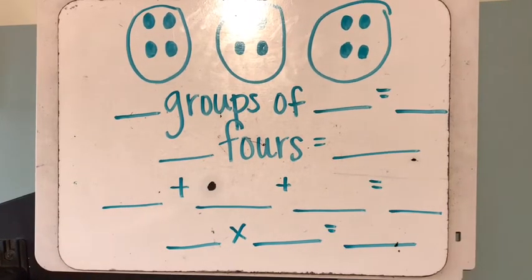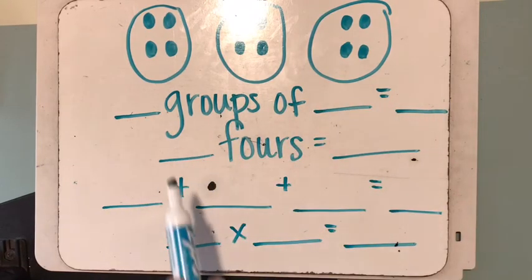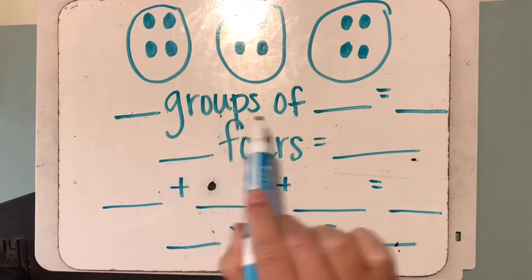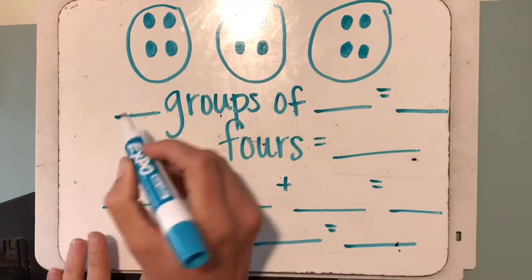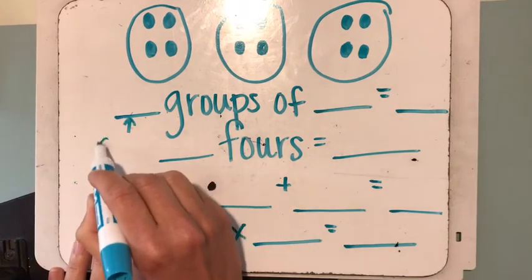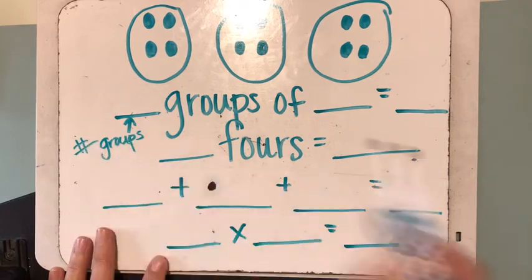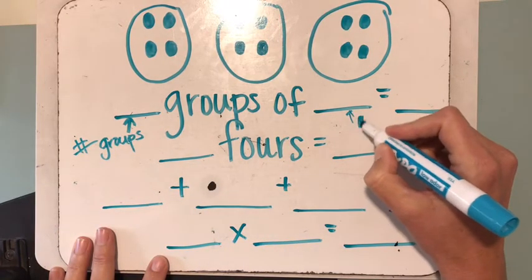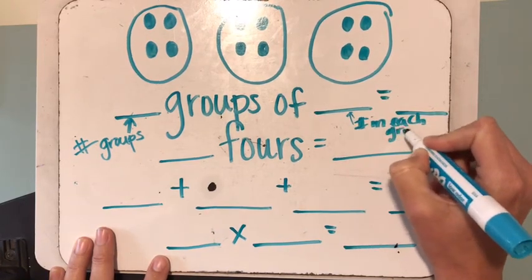All right, so I want you to try and solve this problem here. So blank groups, how many groups do you have? Blank groups of how many are in each group? So these are the groups, so the number of groups. And this is how many number in each group.